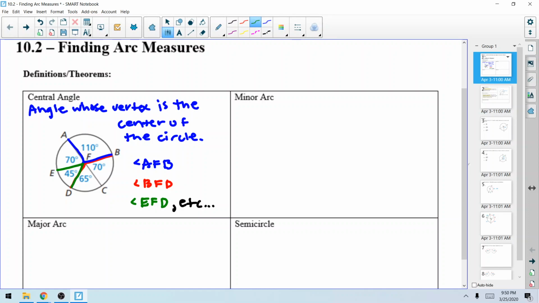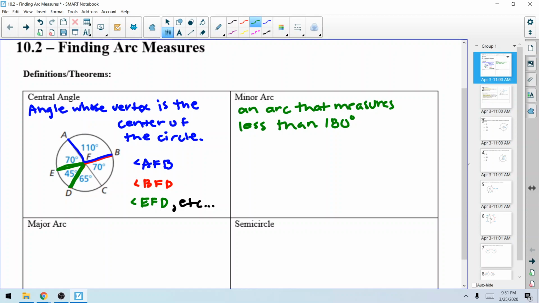Minor arc. An arc that measures less than 180 degrees. Now, this is going to come later, but for example, if you're looking at the angle EFD, that's the angle.